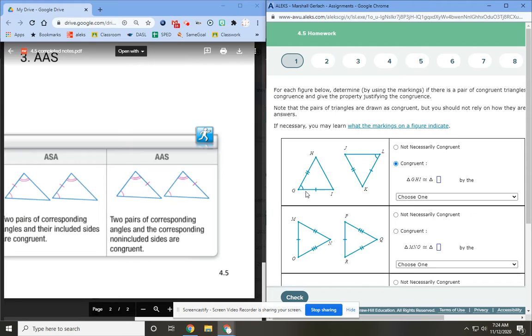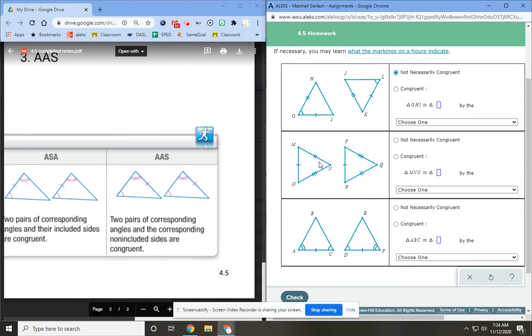So G is the angle that's corresponding with L, but if you notice, they're not the same corresponding angles in lines or sides, so that means that it's not necessarily congruent. Let's go to the next one.